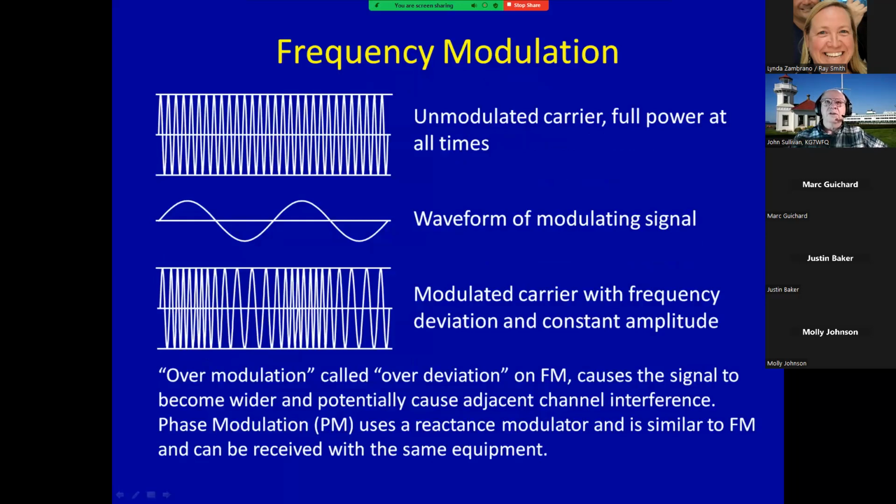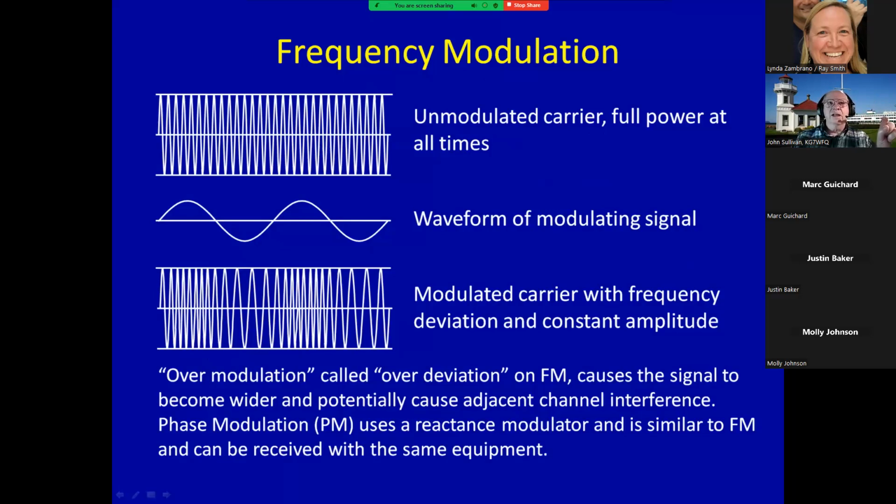So FM, or frequency modulation: instead of the carrier's amplitude being changed to coincide with the voice or whatever it is you're transmitting, the frequency is modified, is modulated. So the bandwidth stays the same. It's the frequency that's changing. You can see the upper illustration there. It's an unmodulated carrier. It's very uniform.